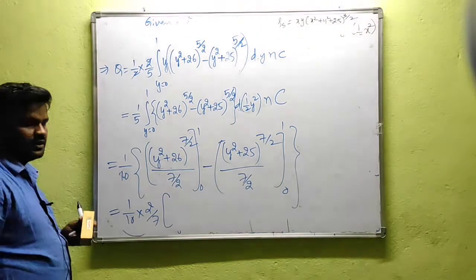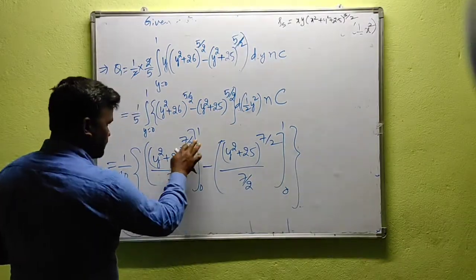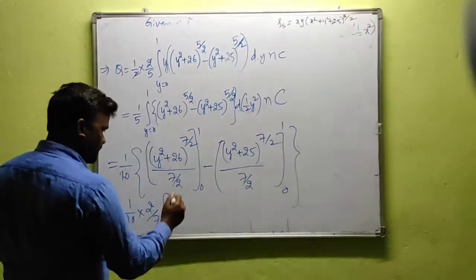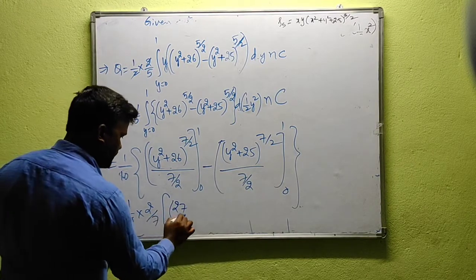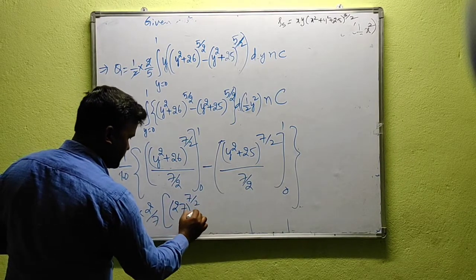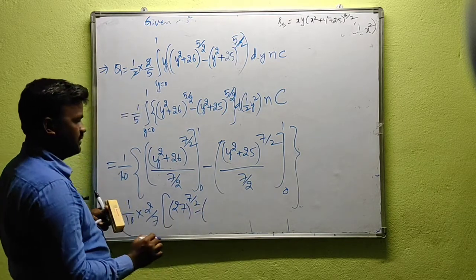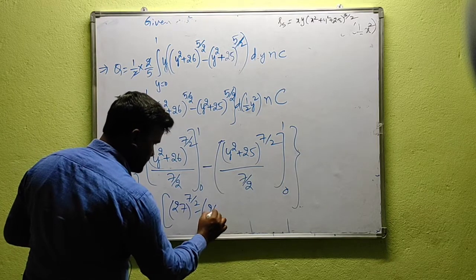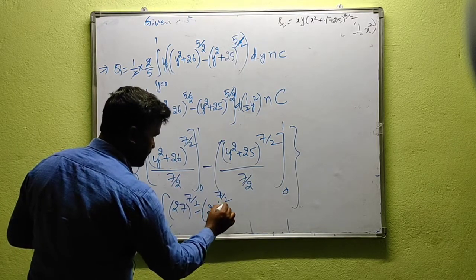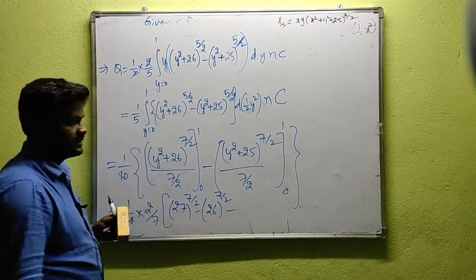Now let us substitute upper limit and lower limit. For this one, if I substitute upper limit, that gives 27 whole power 7 by 2 minus, if I substitute lower limit here, that is 26 whole power 7 by 2, minus, as I have minus sign.